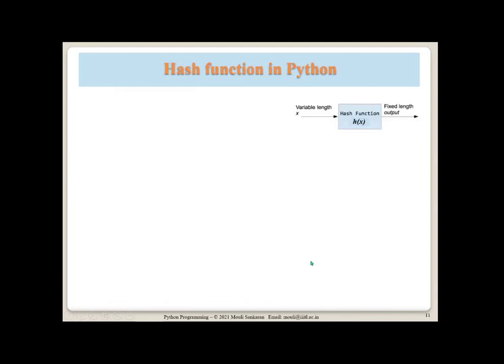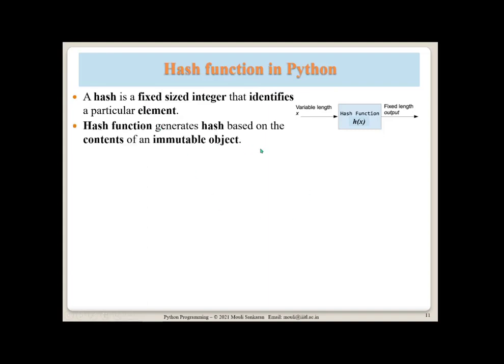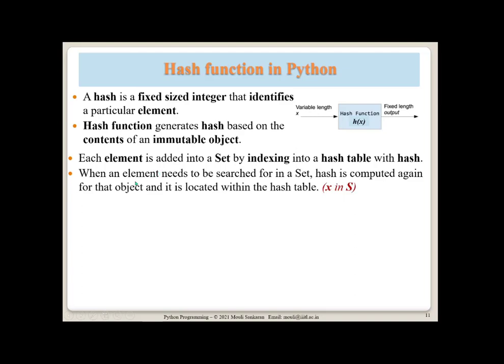So what is a hash function in Python? It gives out a fixed size integer. A hash function generates the hash based on the contents of the immutable object. I told you each element is added into a set by indexing into a hash table with a hash. When an element needs to be searched for, the hash is computed again for that object, and it is located within the hash table.